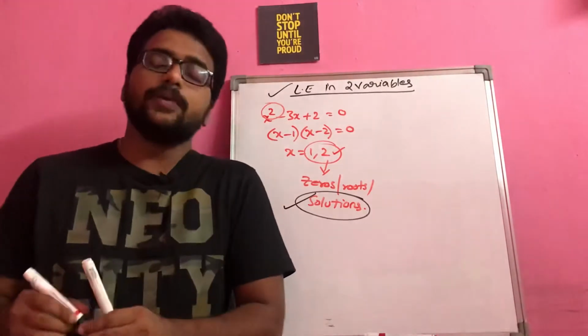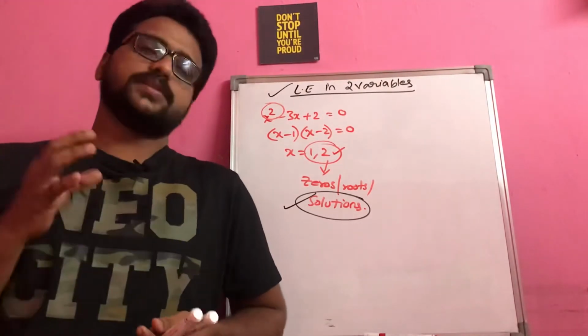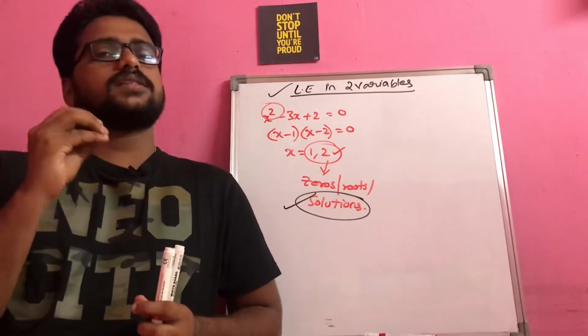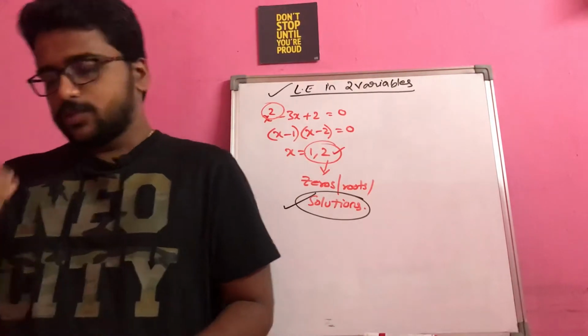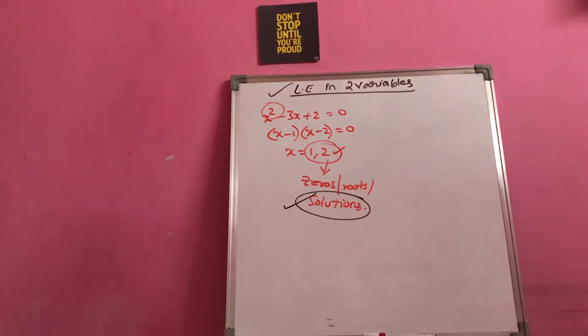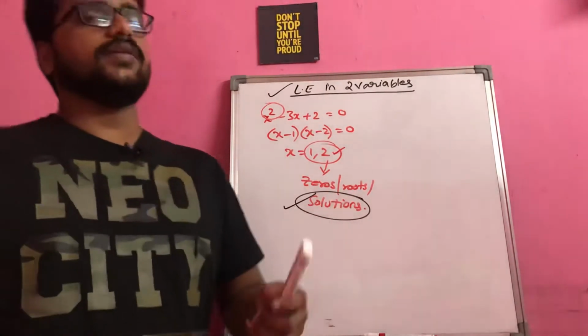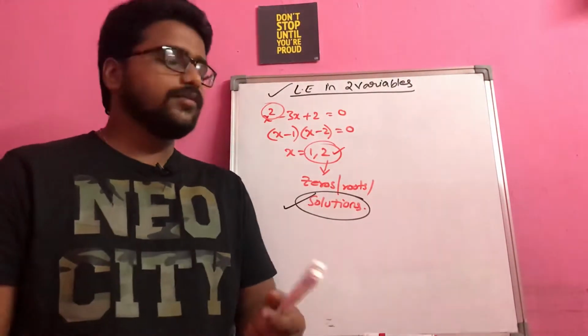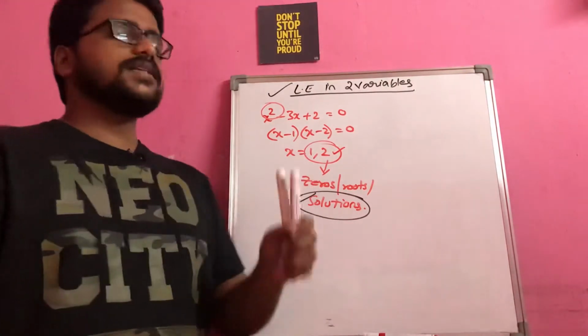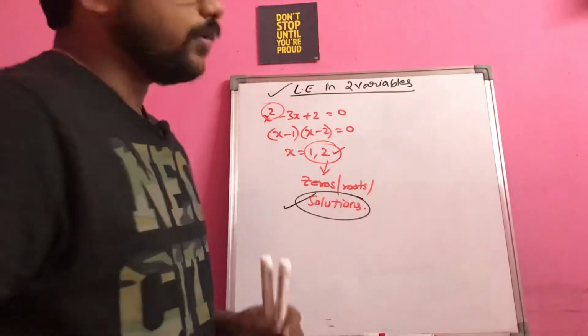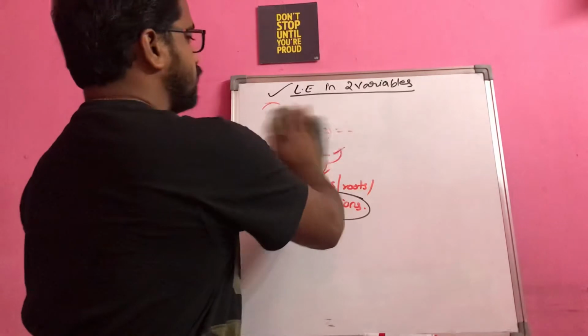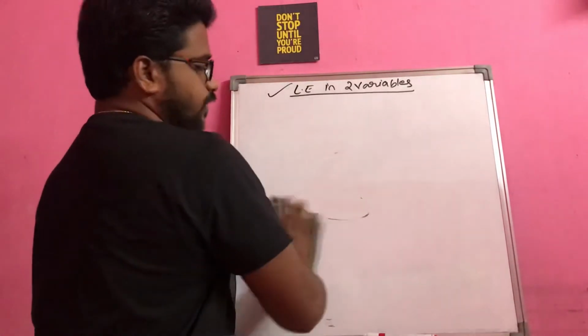But the meaning of all these words is the same. You can say a particular number is a solution or zero or root of an equation once it satisfies the given equation, right? In the similar way, in case of the linear equation in two variables, we usually use the word solutions, right?